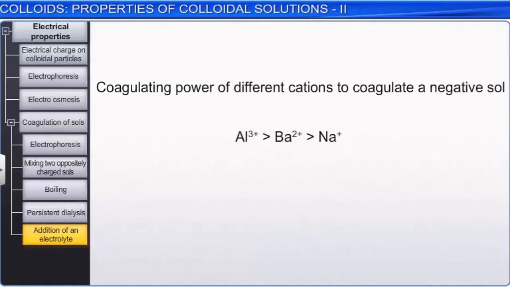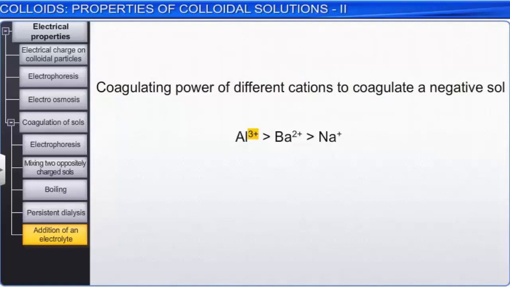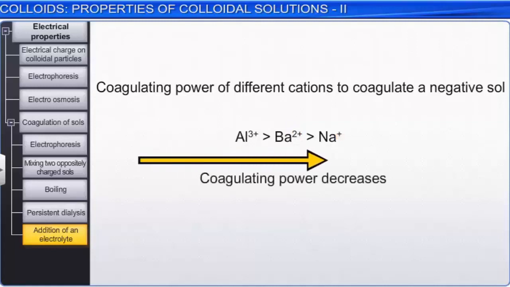The coagulating power of different cations to coagulate a negative sol follows the order Al³⁺ > Ba²⁺ > Na⁺. This shows that tripositive ions are more effective than dipositive and unipositive ions.